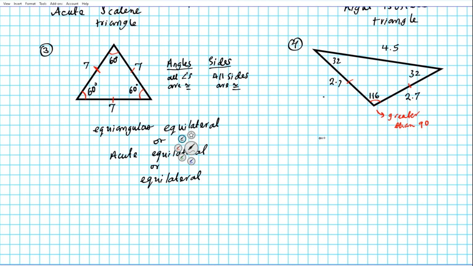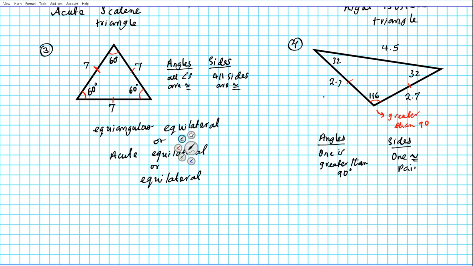Okay? So for angles, we know that one is greater than 90 degrees. And then for sides, what do we know? We have one congruent pair.